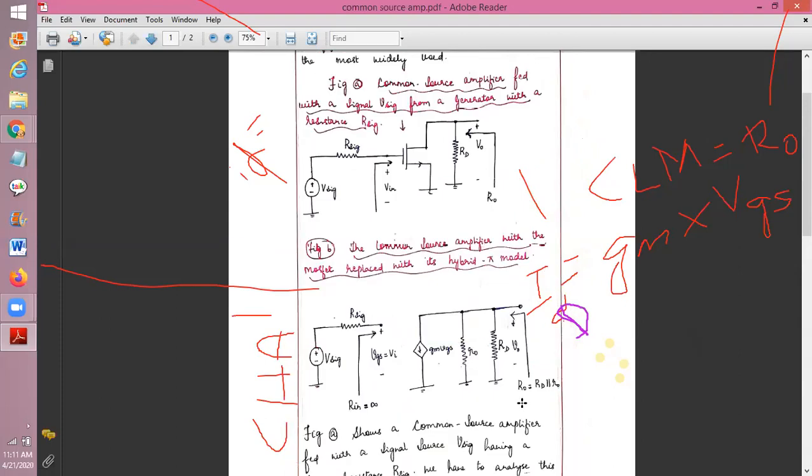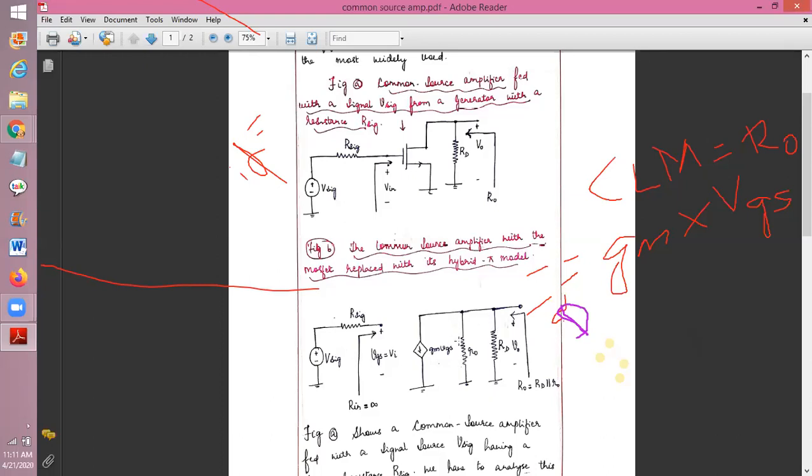Next, how to find the output voltage here? Prithvi? Yes, ma'am. Voltage is given by current into resistance. Will you agree with that? V is equal to I into R. How many resistances are here?